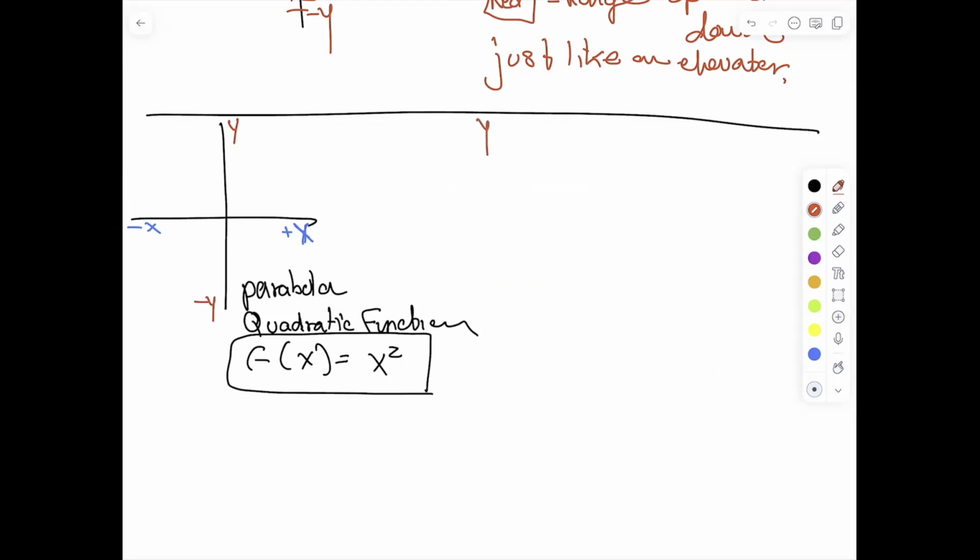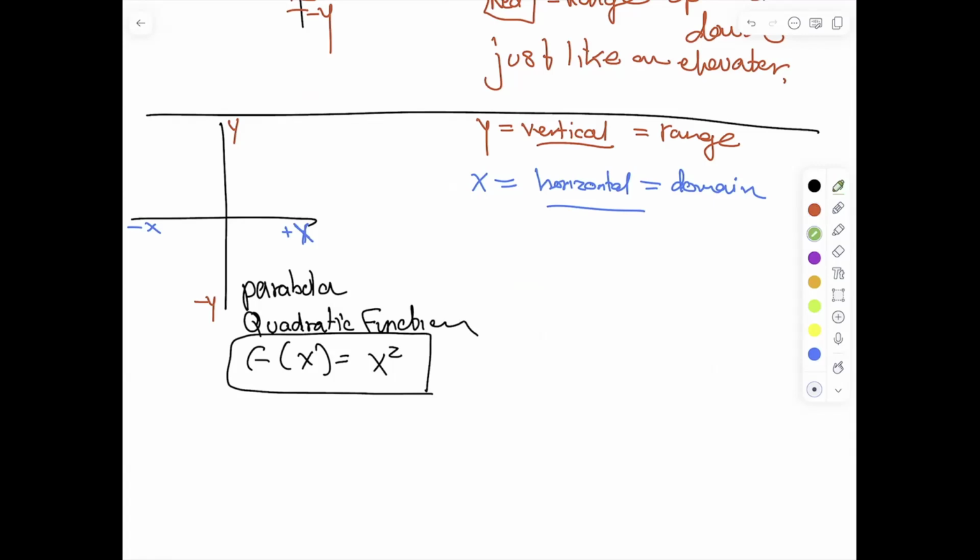Y is vertical, and x is horizontal. You're so spot on. I like it very much. I'm going to use the same words you use. Y is vertical. X is horizontal. Horizontal's the domain, and vertical's the range.